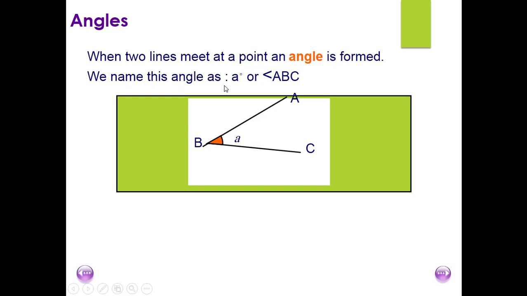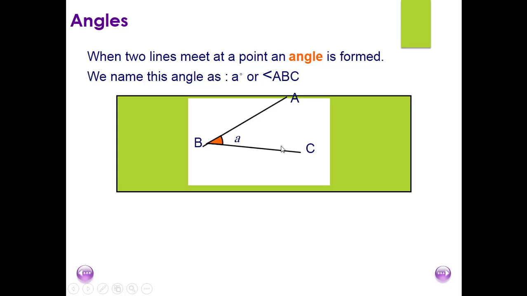We name this angle as A. I can write a symbol next to the angle and I write A, or according to the names of the lines. Here we have two lines which are AB and CB.